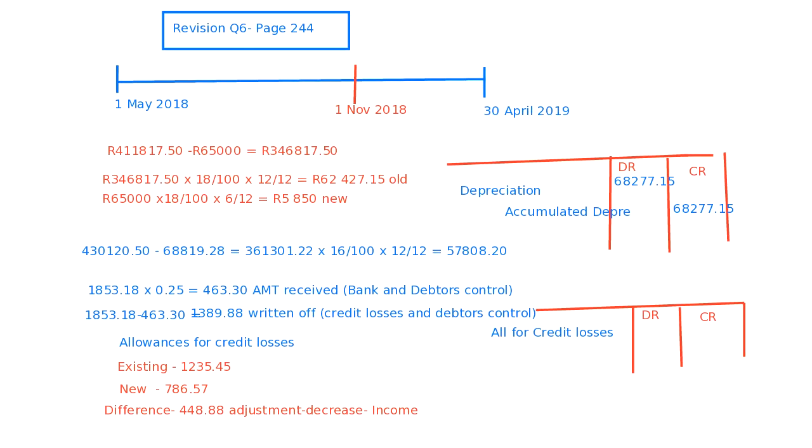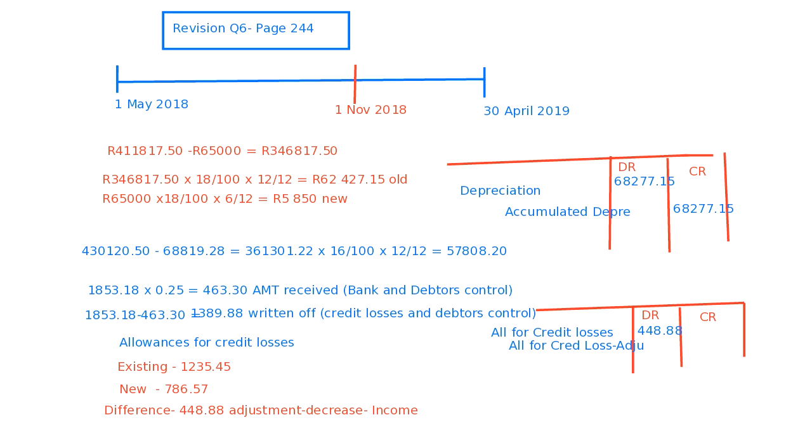Okay, so I'm going to credit allowances for credit losses adjustment. You must always have the word adjustment, otherwise you will lose marks because it will look the same as the one that you started with. And now you must put 448.88. Can you see that?